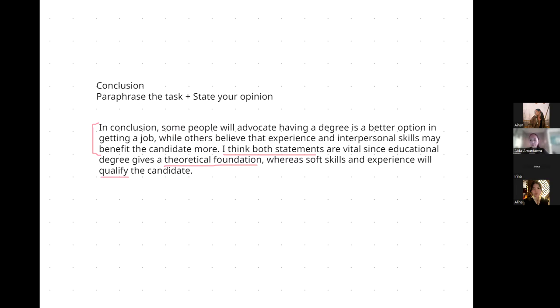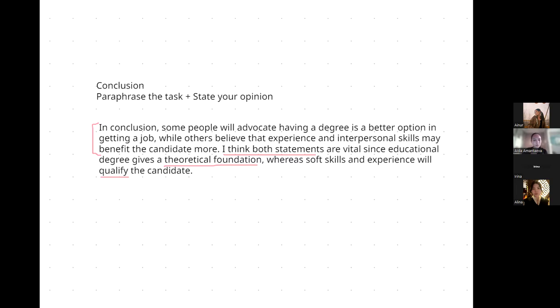Okay, then we have Alina's answer. In conclusion, I feel that it's better to get a degree if you want to work on prestigious work and want to make better wealth, because with higher job comes a higher expectations and responsibility. Okay, so here again, you shouldn't write new ideas. You just have to paraphrase. So the first sentence should be something like this.